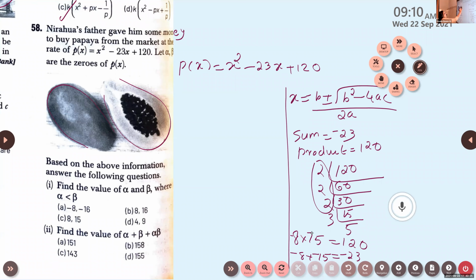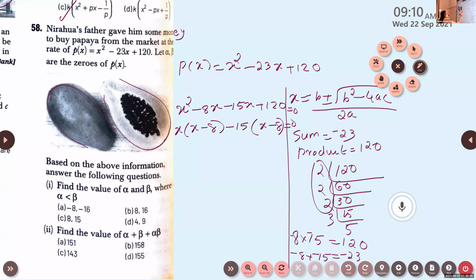So it will be x square minus 8x minus 15x plus 120, that is x into x minus 8 minus 15 into x minus 8 equal to 0.